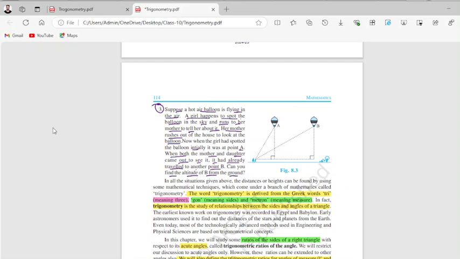So actually when the girl came here, at first she saw the balloon at point A, and she called the mother and both came together at that point. Then the balloon's position after some time will be at point B. And now we can find the altitude.